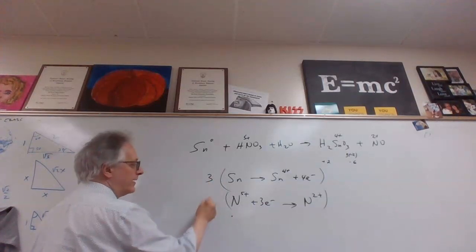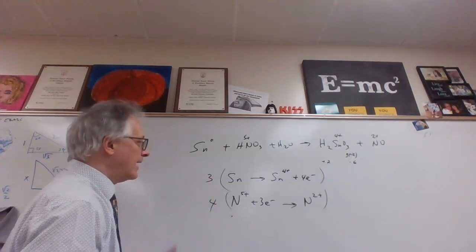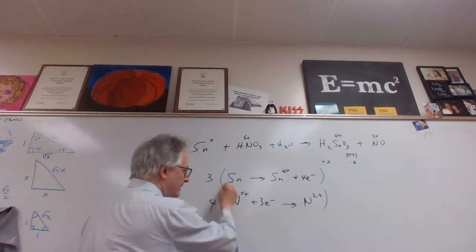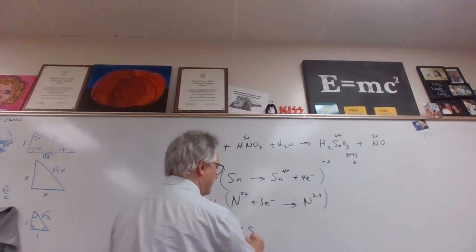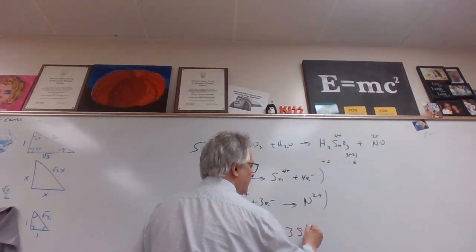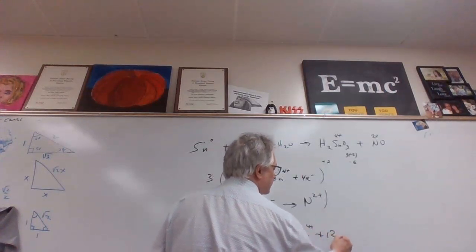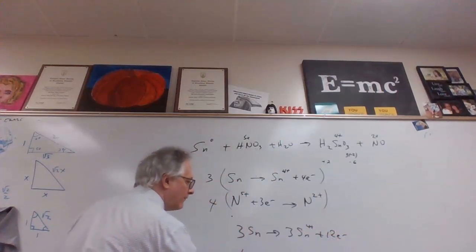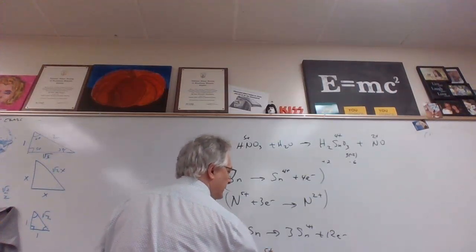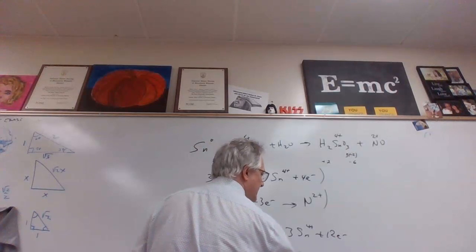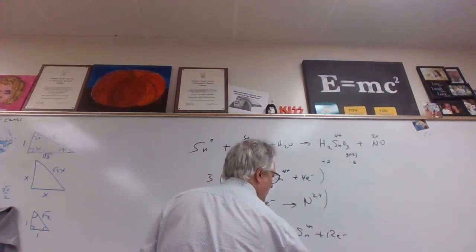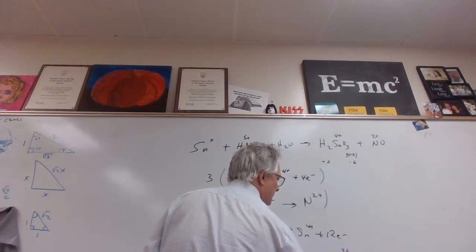We'll multiply by a 3 there and a 4 there, and that's going to give us 3 tins going to 3 tin 4 plus, 12 electrons. Down here I'm going to have 4 nitrogens plus 12 electrons to give 4 N2 plus.